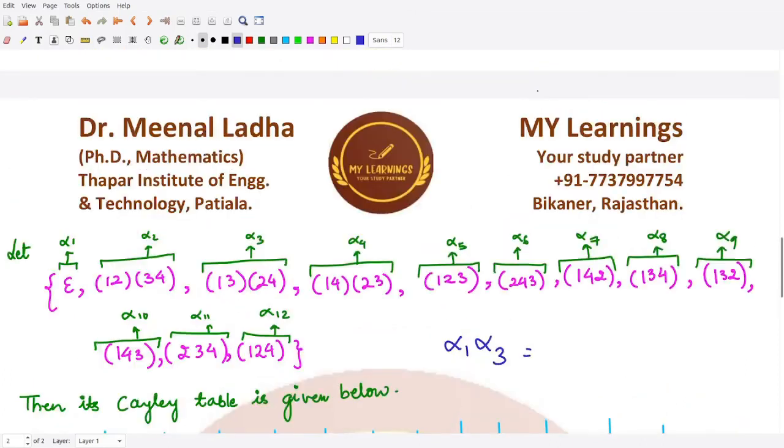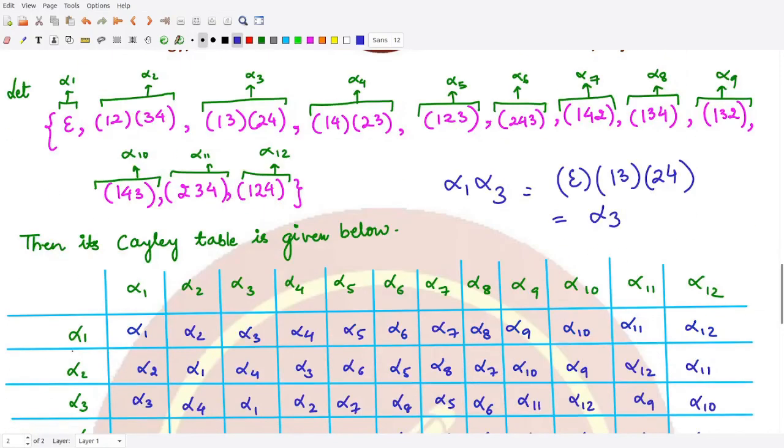Basically you would have to perform this. Alpha 1 is your epsilon, which is the identity permutation, multiplied with your product of transpositions. Identity does nothing to the permutation, so it is just alpha 3. So the answer here is alpha 1 multiplied with alpha 3 is alpha 3 only, right?